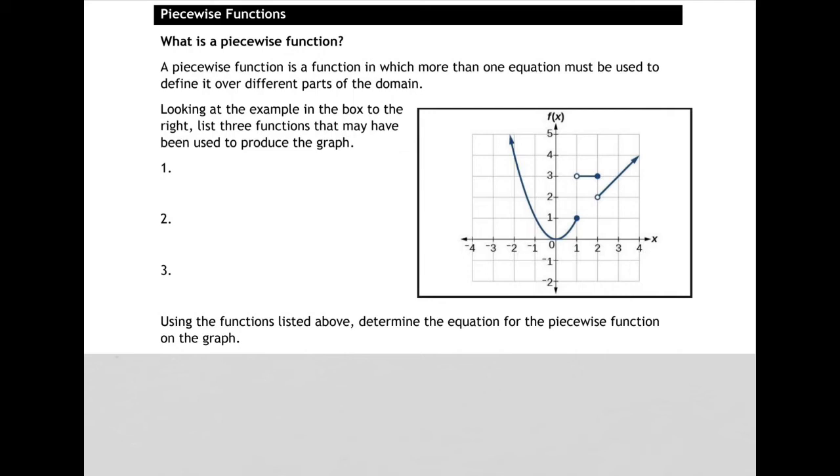We are going to list 3 functions that may have been used to produce this graph. So let's take a look at the most left-hand side piece. This looks like a quadratic function. And the second piece, you can see this is a horizontal line, which is a linear relation.